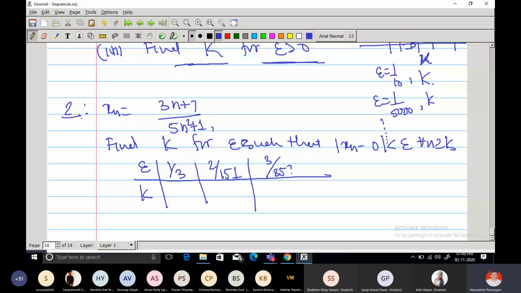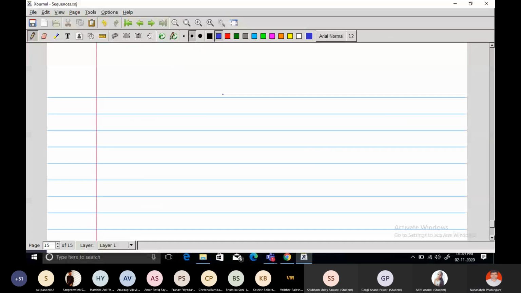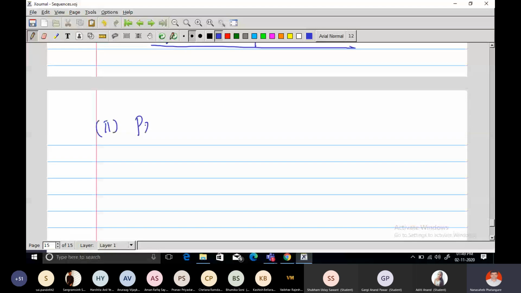Find k for these values of epsilon. Then my next question would be, prove that the limit as n tends to infinity is 0. Prove that the limit of this sequence is 0. That means the sequence is going towards 0.